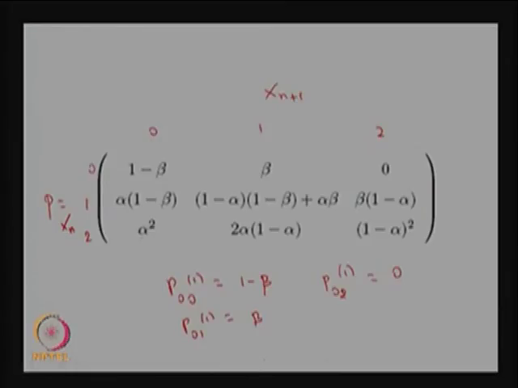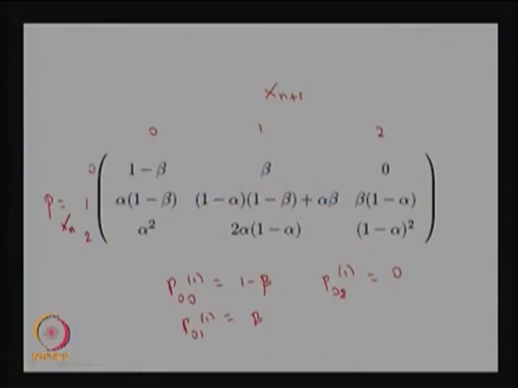That means both the machines failed in the same day. Therefore, that probability is alpha times alpha. So in the next day the number of working machines goes from 2 to 0. Like that you can visualize the other elements also.